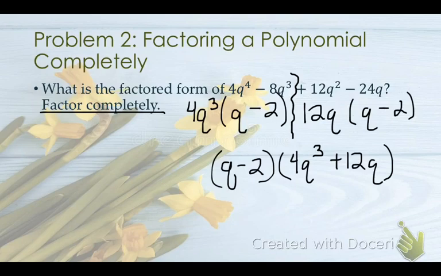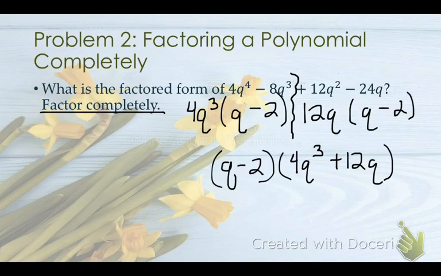Now, when it says factor completely, I want to verify that there's nothing else that I can factor out of these binomials. When I look at the first one, the q minus 2, it looks great. I can't factor anything out. I could factor a 1, but that literally will change nothing. So that one is good to go.